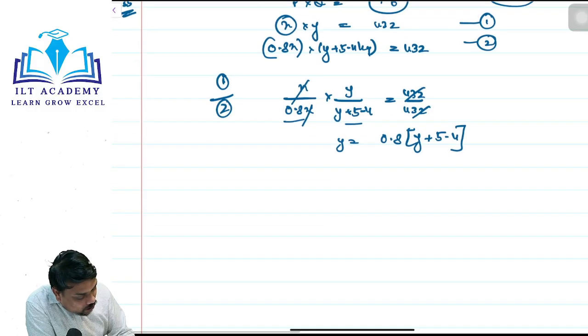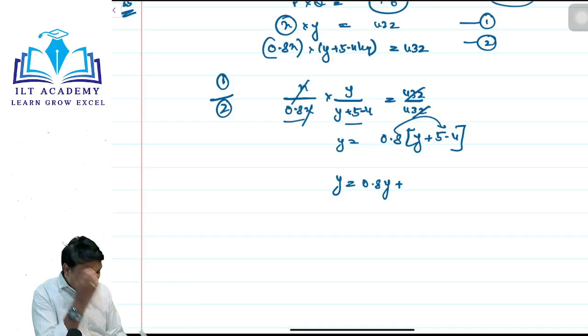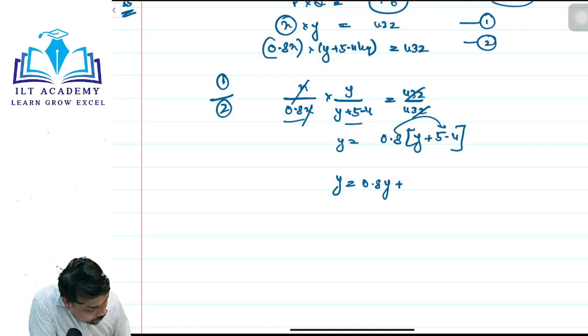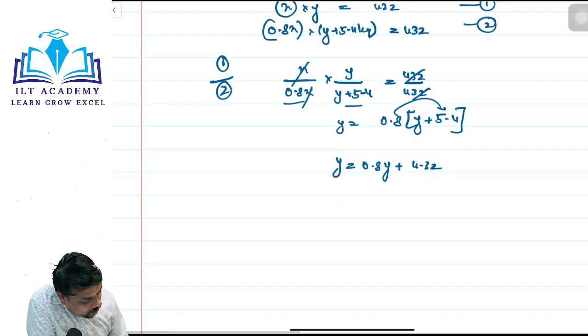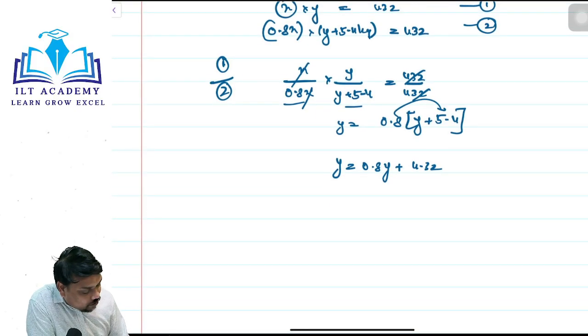So from this, what do I get? Y is equal to 0.8y plus 0.8 into 5.4. Do it in the calculator. 5.4 into 0.8 करो माँ. कितना? 4.32. 0.8 into 5.4 is 4.32.